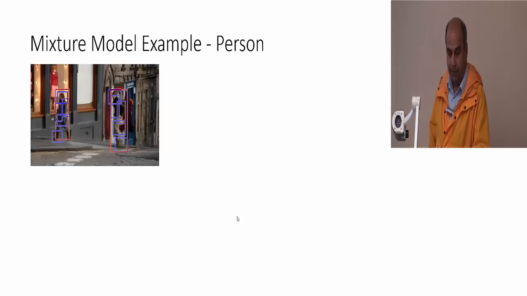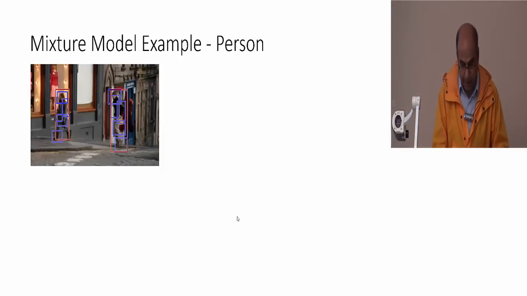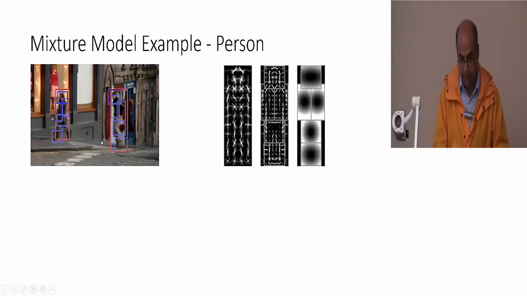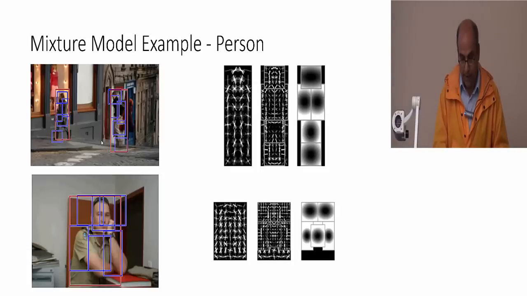Suppose here's an example of a person in a different pose, and this will be one model, and this will be another model. Here the person is sitting. So for person detection, we'll use both of the models, take the maximum, and say that's whether the person is present.